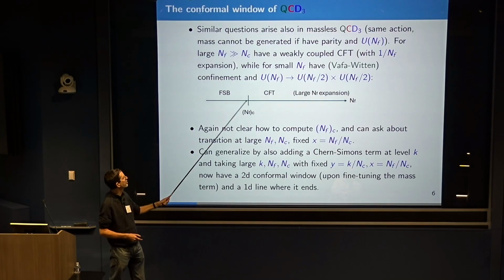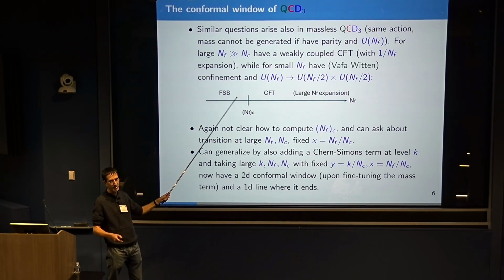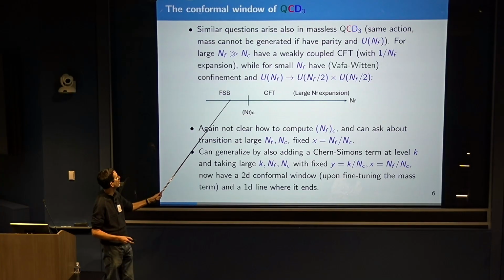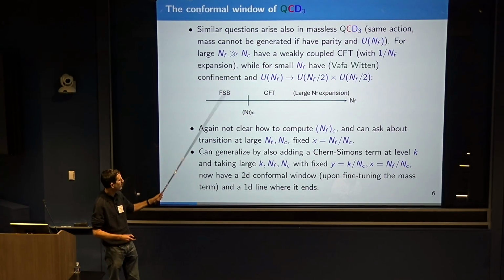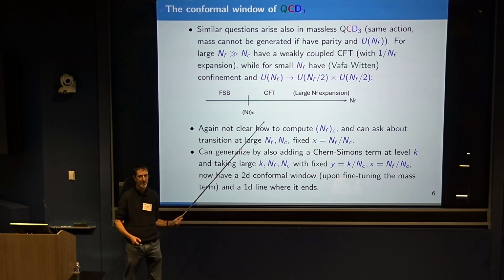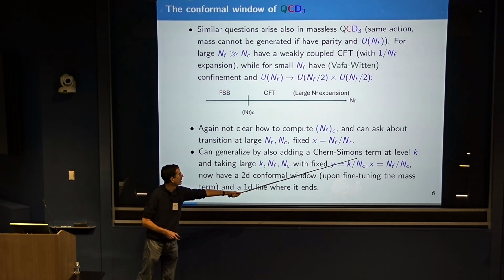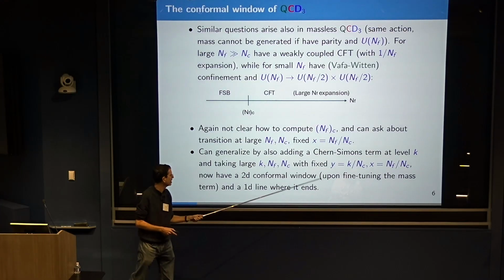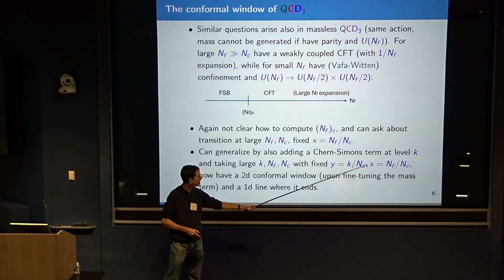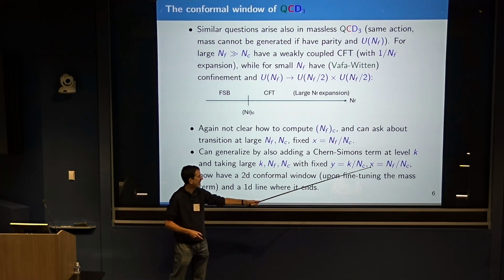And again, in the large N limit, we can ask what controls this transition from the conformal field theory regime to this regime where we have confinement and flavor symmetry breaking. In the 2+1 dimensional case, we can also add an extra discrete parameter by adding also a Chern-Simons coupling K for this SU(N_C) gauge theory. And then we actually have 3 discrete parameters, K, N_F, and N_C.